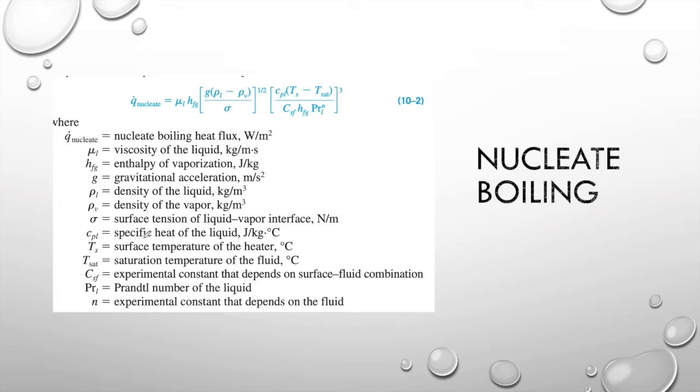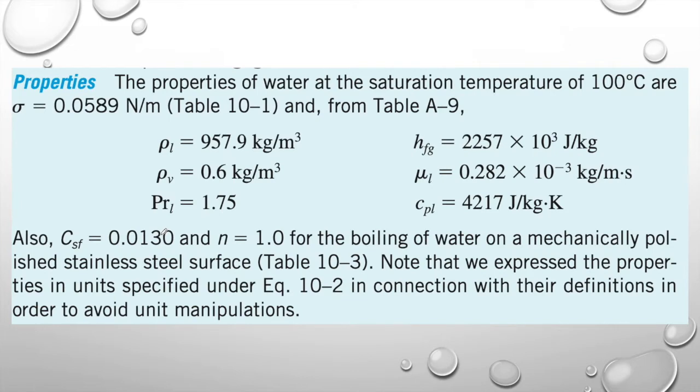C_pl is the specific heat of the liquid. From this equation, we will extract the properties from table E9. At what temperature do we refer to table E9? We refer to all the properties at 100 degrees Celsius, which is T saturation. Now we have the surface tension, whose value is 0.0589 Newton per meter.